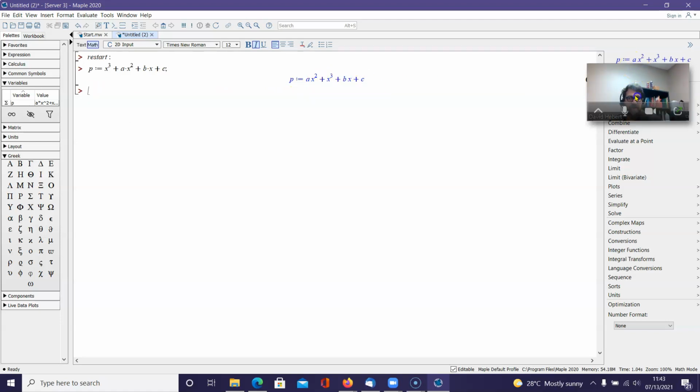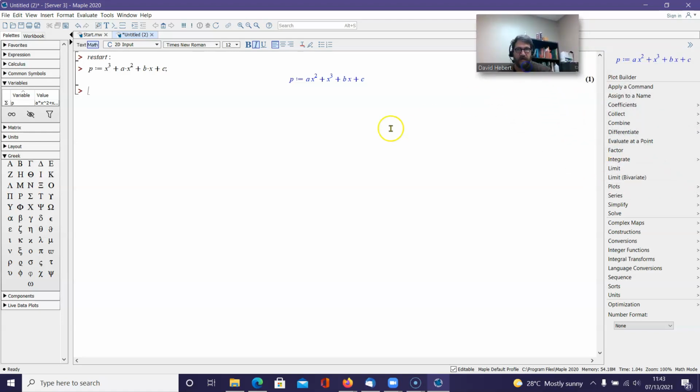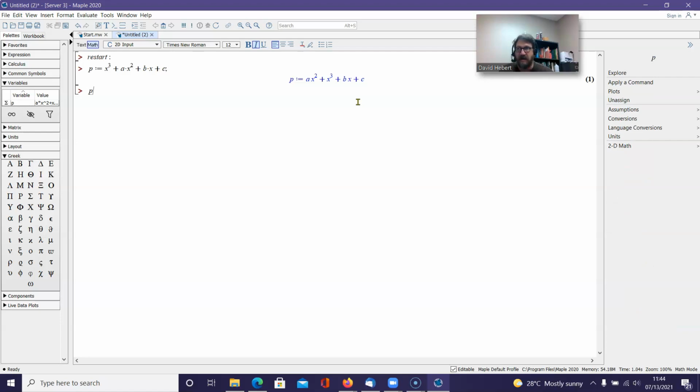And if you remember, that is basically my overall expression of a cubic equation. If you notice, it did move the ax squared up front for some reason. Don't know why, don't really care. Now, let's watch the next thing I can do. I'm going to show you something. P of 3.